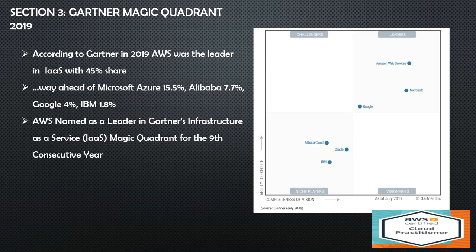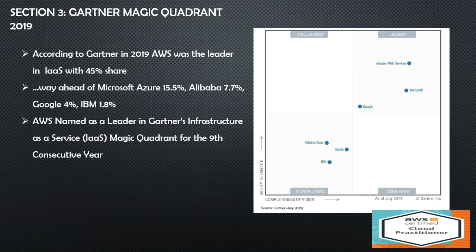And this is actually the Gartner Magic Quadrant of 2019, wherein you can see that AWS was the leader in IaaS, infrastructure as a service, with a 45% share of the whole market. Microsoft and Google are also in the leaders quadrant, and others are there as well among the niche players, like Alibaba Cloud, IBM, Oracle.